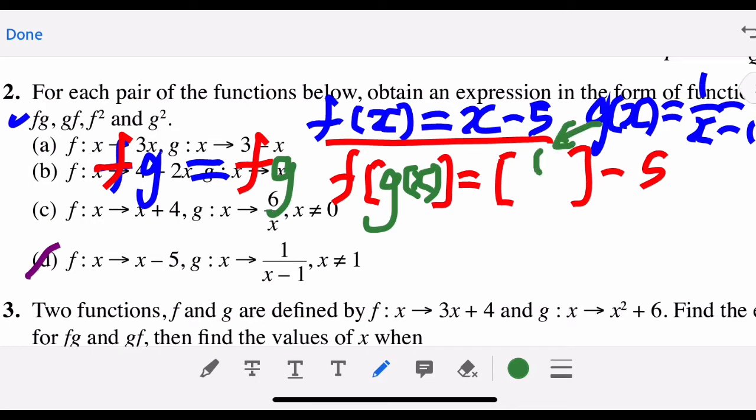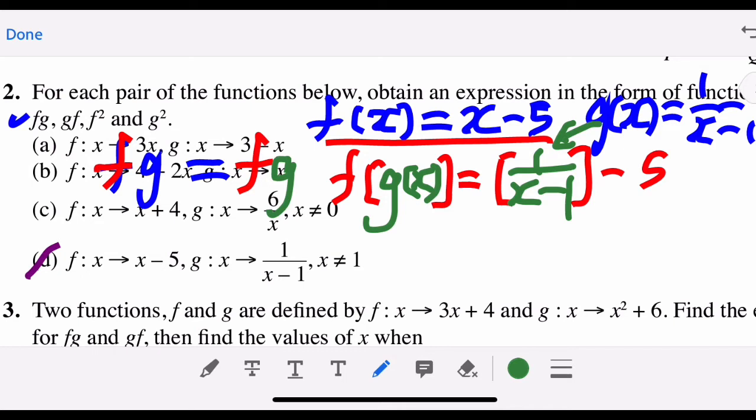So what you need to do is 1 over x minus 1. Alright, so understand? 1 over x minus 1. Now you need to simplify to the simplest form. As I mentioned to you, the answer must be in simplest form. Okay?